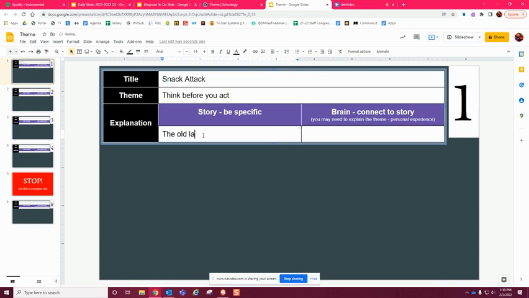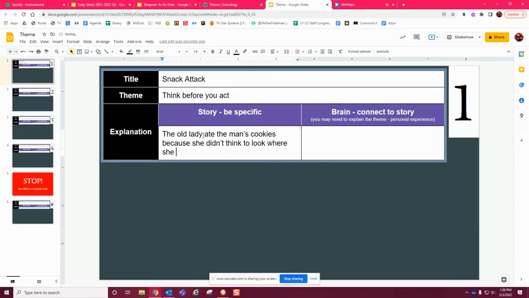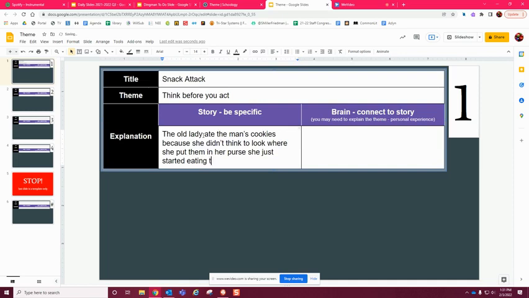It says the old lady ate the man's cookies because she didn't think to look where she put them in her purse. She just started eating the cookies on the bench. Okay, that was their response there.